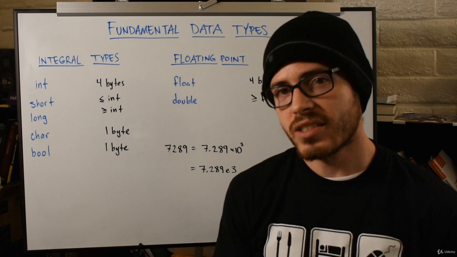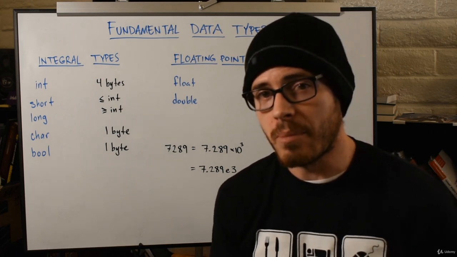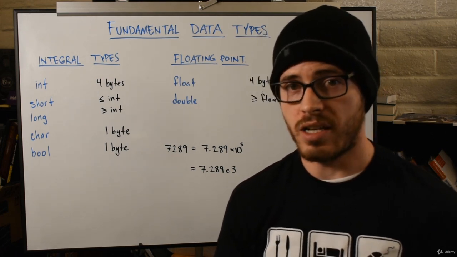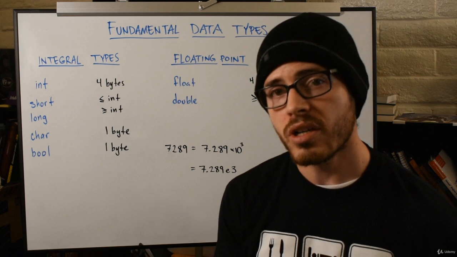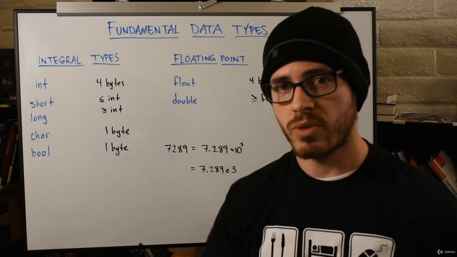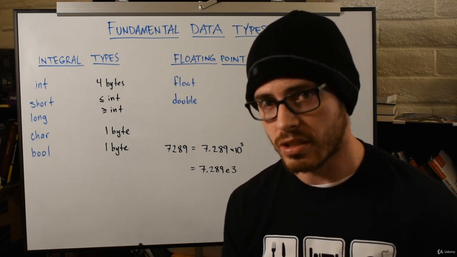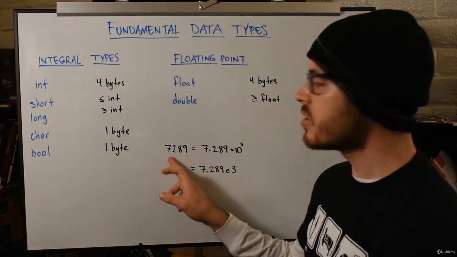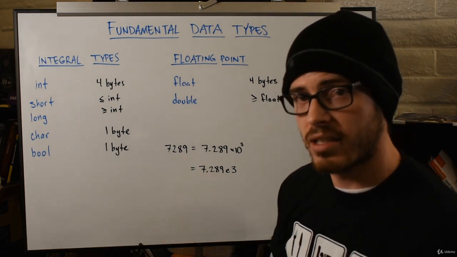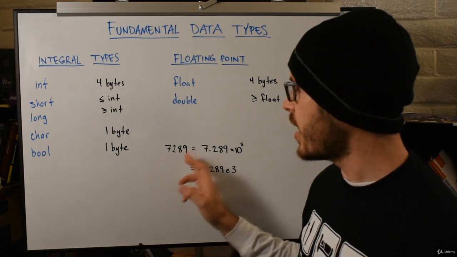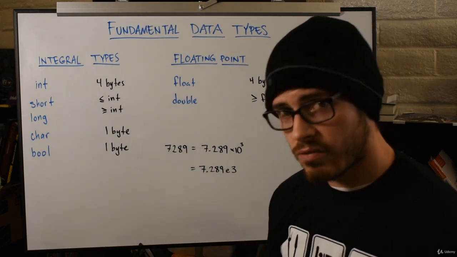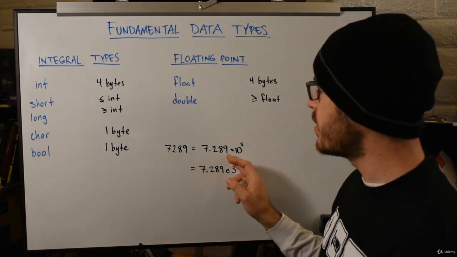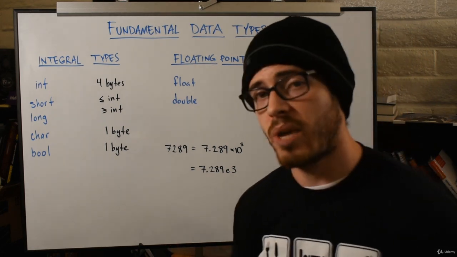Now, the reason it's called a floating point data type is because when you take a number and give it to the computer, it converts it into a scientific notation representation of that number. What I mean is, take the number 7,289. We see that as 7289, but the computer converts it to 7.289 times 10 to the third power.